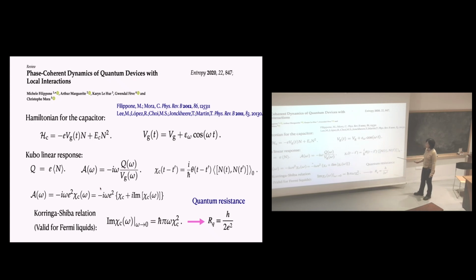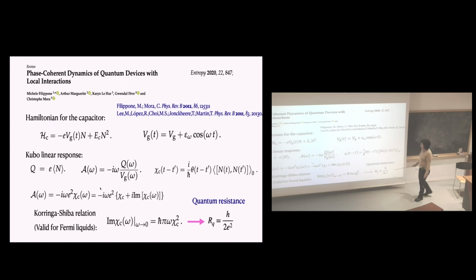The calculation given that Hamiltonian provides us this charge-charge time-dependent correlation function, or the susceptibility. And from there, we can calculate and get an explicit expression for the admittance.